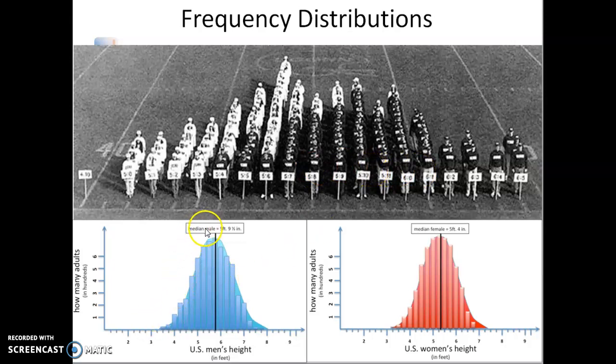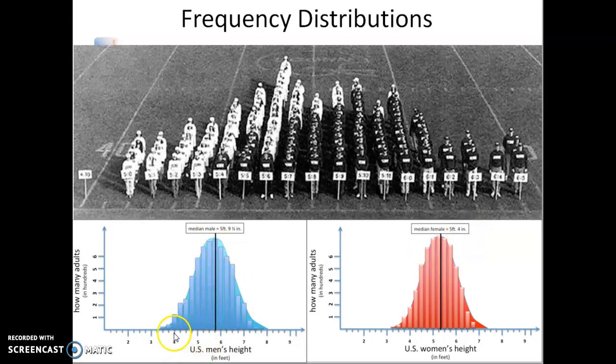That's why we say the bell curve is a good example of the human distribution for things like height or weight or intelligence. For example, if you look at men's height here, the actual data shows that the average height for a man, the median height, is 5'9.5" whereas the median height for a female is 5'4". And then you have the distribution.